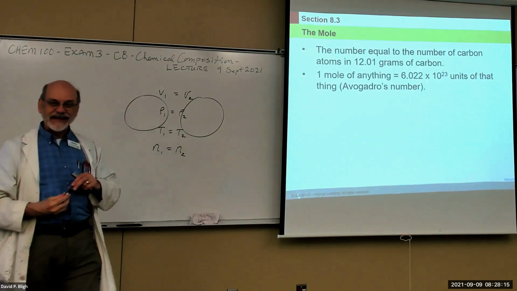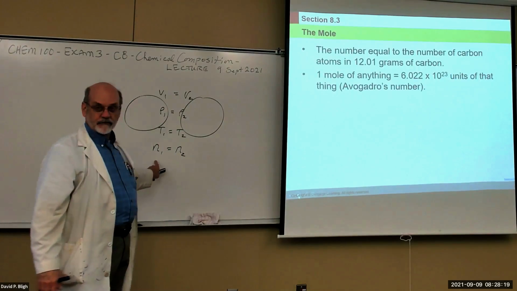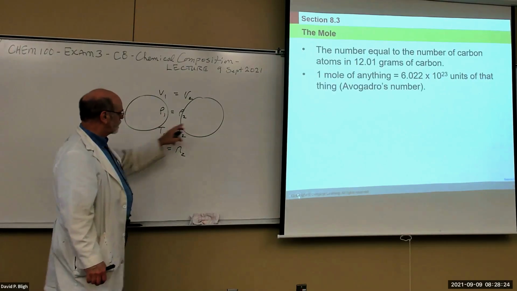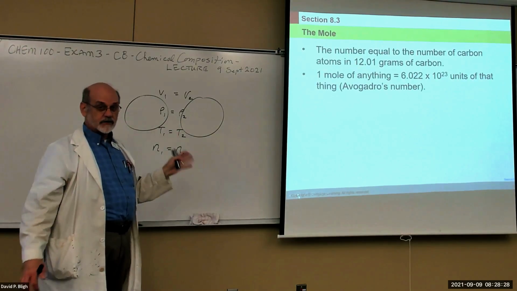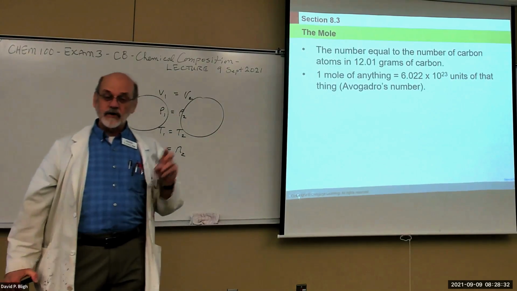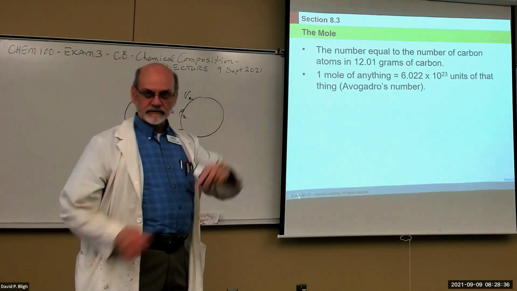And I use a little n to abbreviate that. And from now on, that little n is going to stand for moles. We have the same number of atoms or molecules or particles of any kind, as long as they're gases, under these conditions. And that's how we relate one element to another.